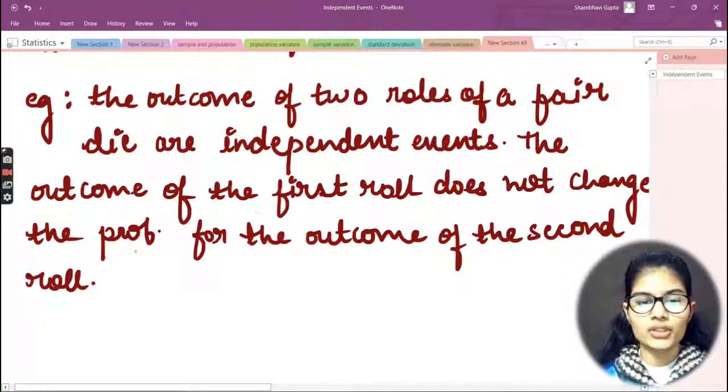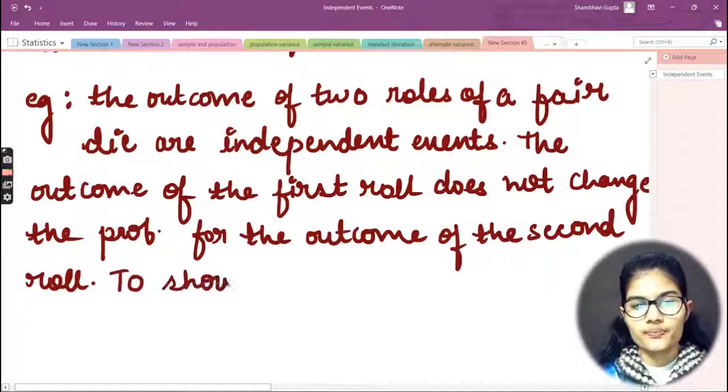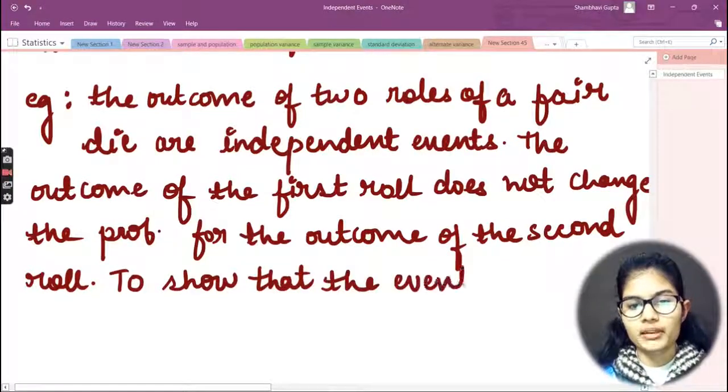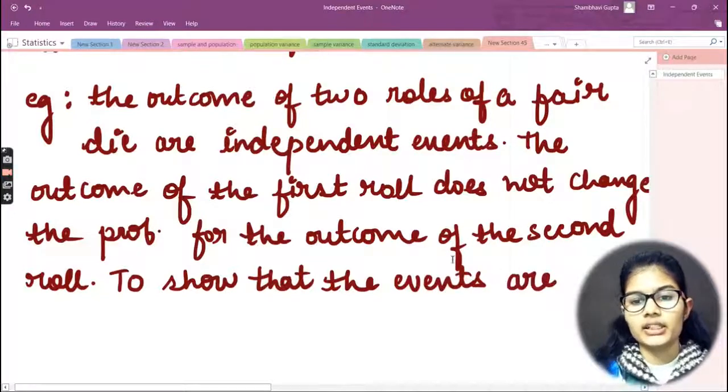In this case, to show that the events are independent, let me quickly get down here.